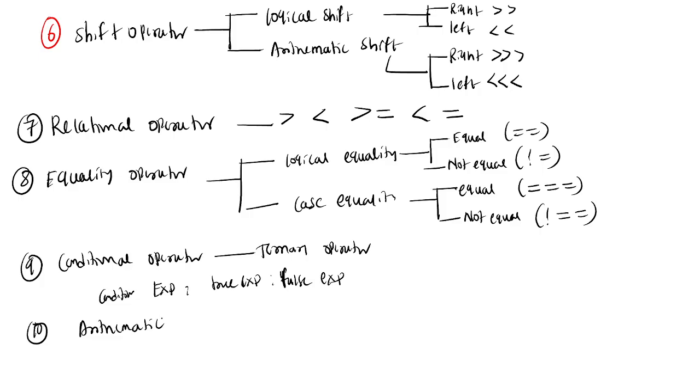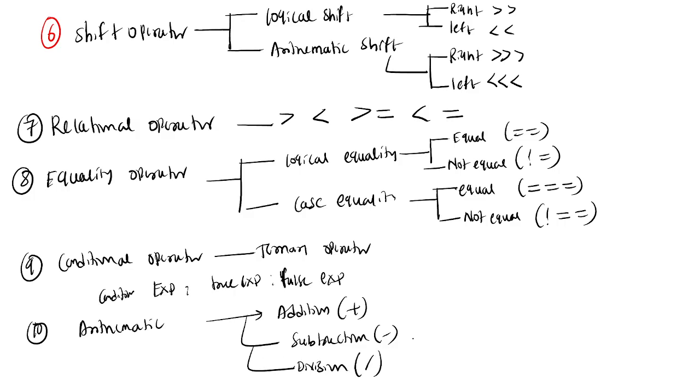Arithmetic means addition, plus; subtraction, minus; and division, forward slash. Modulus means like this, it will give the remainder. Two stars also are there, this will give the power. Okay, these all are the operators.